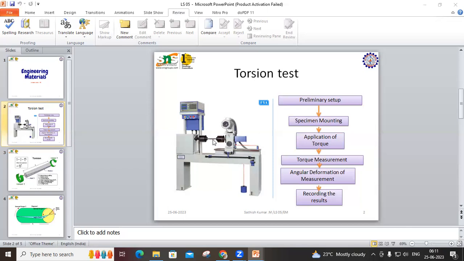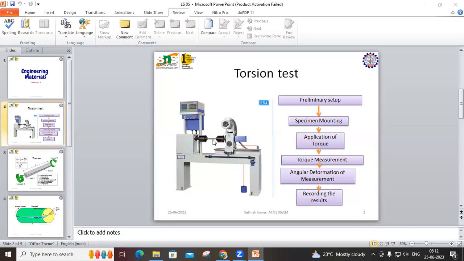Then comes the application of torque: the twisting force or torque is applied at the free end of the specimen, causing it to twist and rotate about its longitudinal axis. The torque is applied gradually and continuously until the specimen fractures or reaches a specified deformation. For torque measurement during the test, the machine measures and records the applied torque.